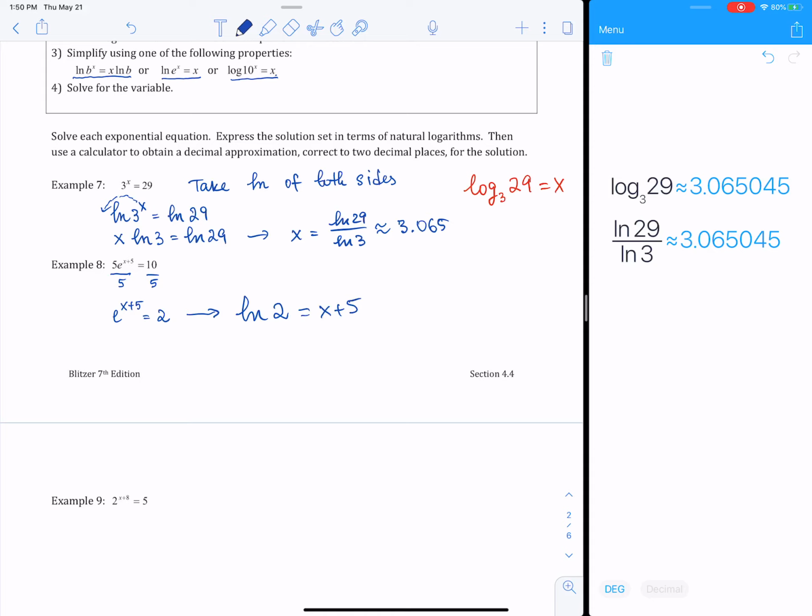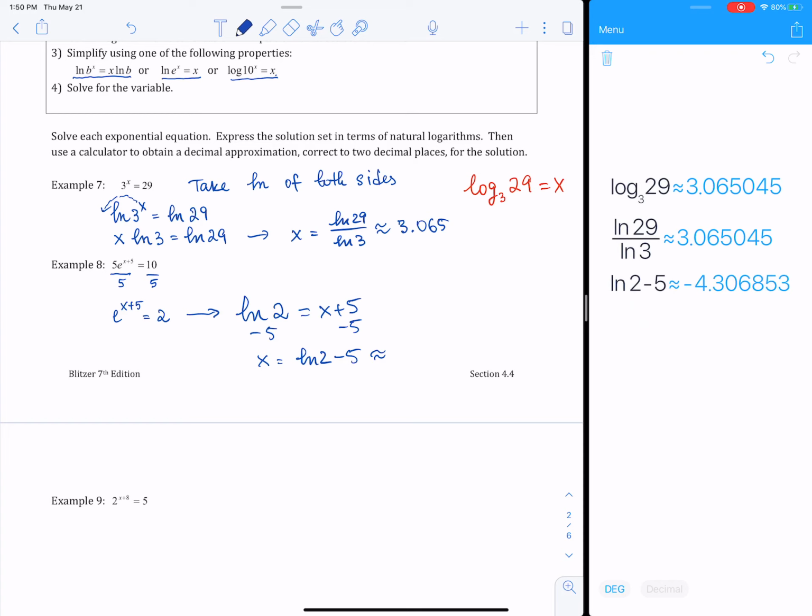Then solve for x by subtracting 5 from both sides. So x is equal to ln of 2 minus 5, and that can be calculated also. That's negative 4.306853.